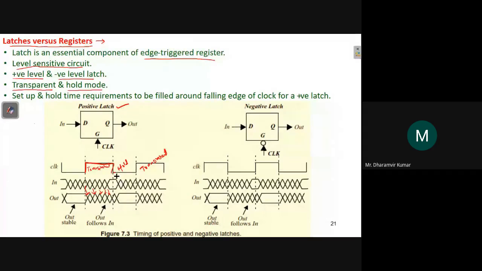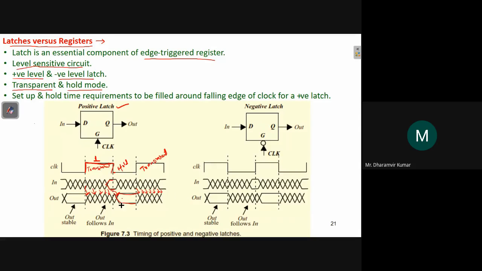This is the edge, when clock is 1, and the last point was this one. That came here, and it will keep on maintaining that last content like this. And when it again enters into transparent mode, then it starts copying the content from the input. So this part will be copied here, copied here, copied like this.